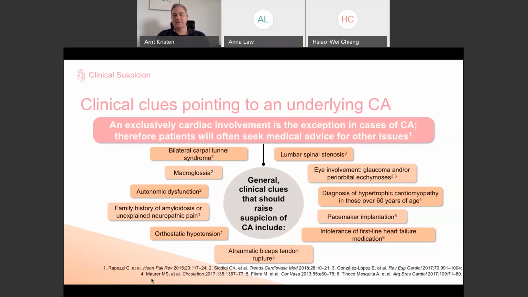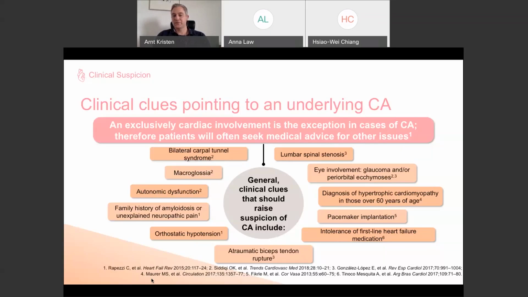On the other hand, if a patient presents with macroglossia, it's a typical sign of light chain amyloidosis, as well as periorbital bleeding. So you have to check or diagnose the patient to exclude or confirm cardiac amyloidosis or light chain amyloidosis in these patients.